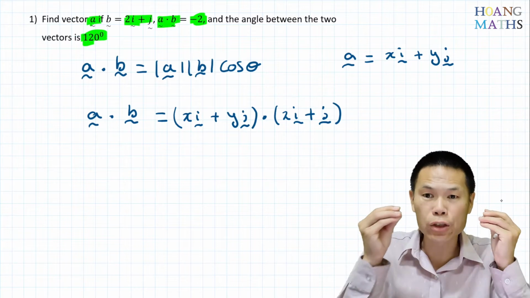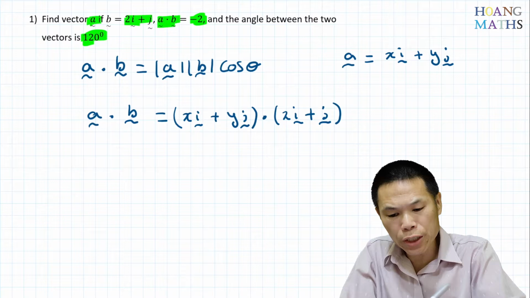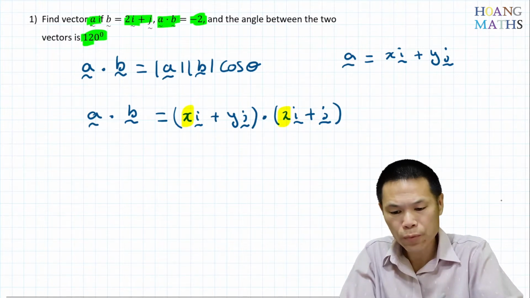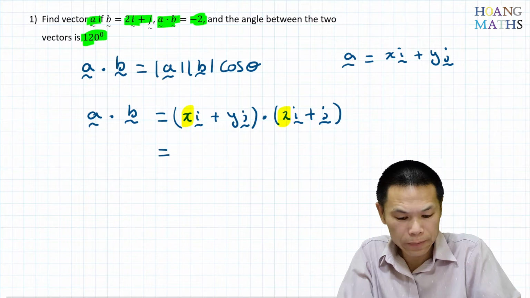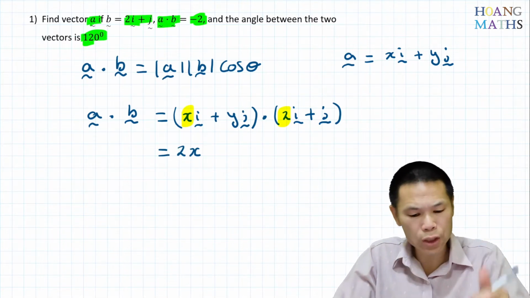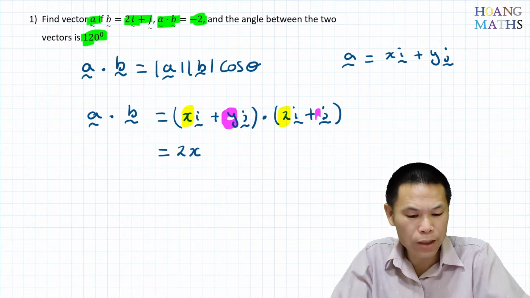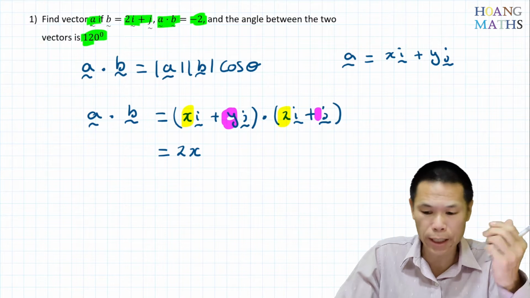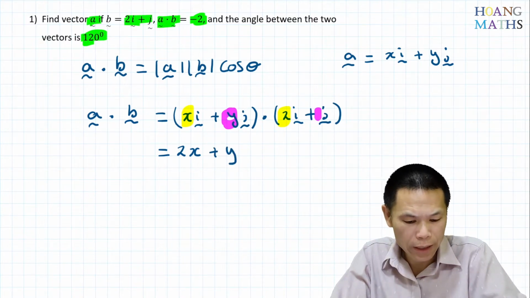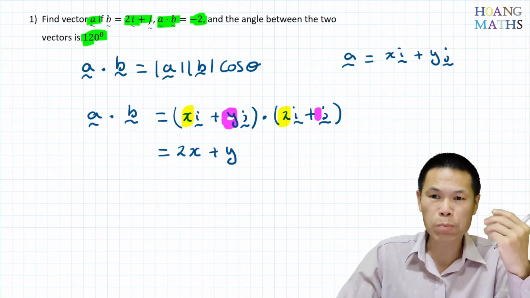Now to work out the dot product, we multiply the i components together, so x times 2 is 2x. And then we add the product of the j components, so y times 1, because in front of j means 1. So y times 1 is y. Therefore, A dot B is equal to 2x plus y.